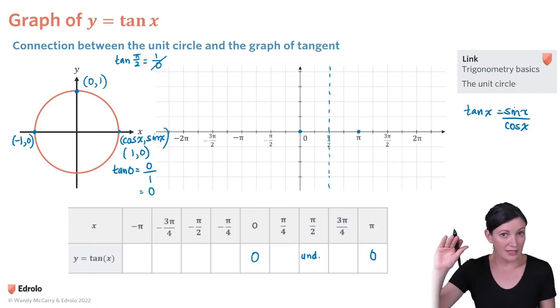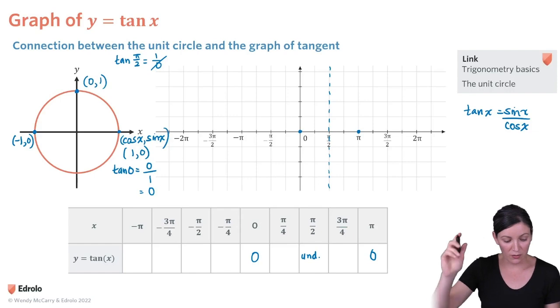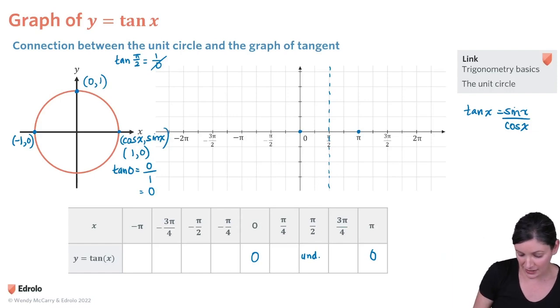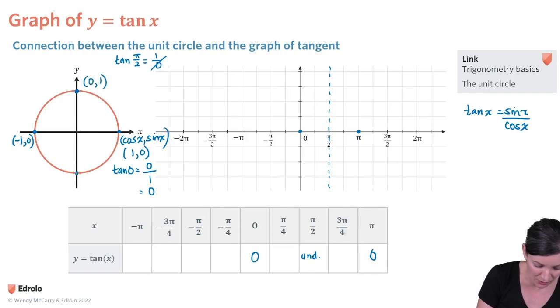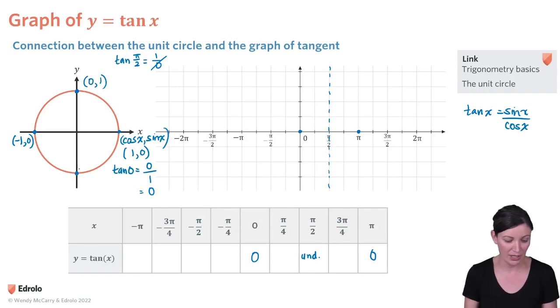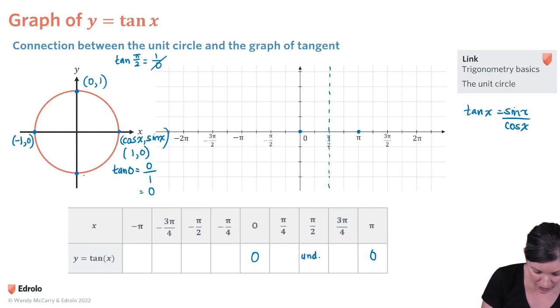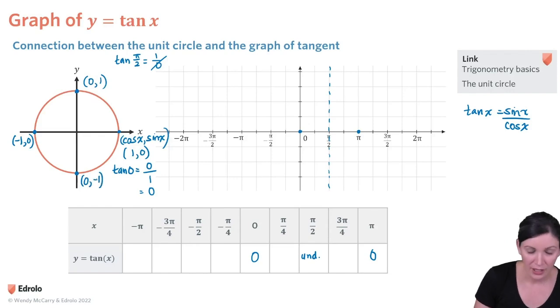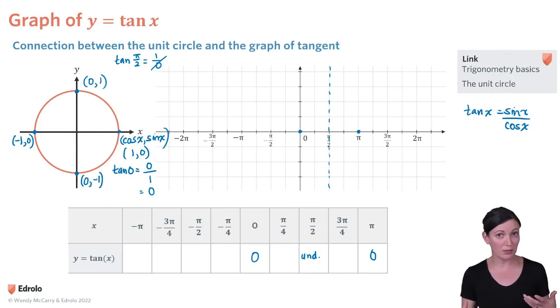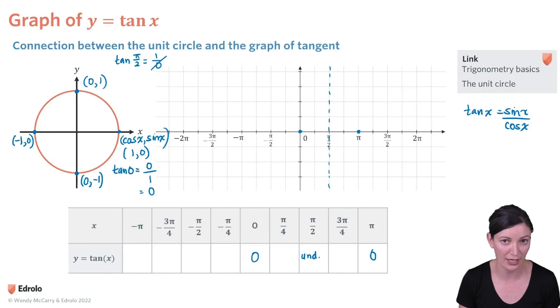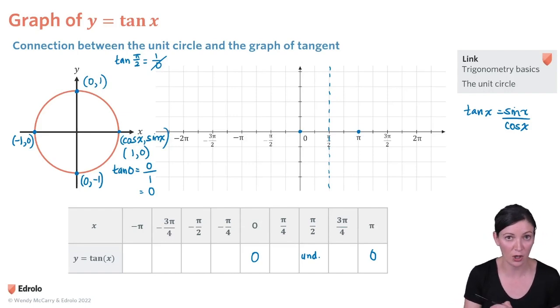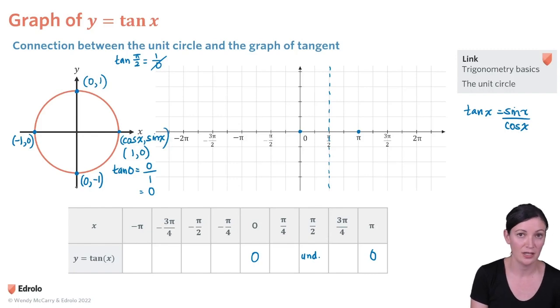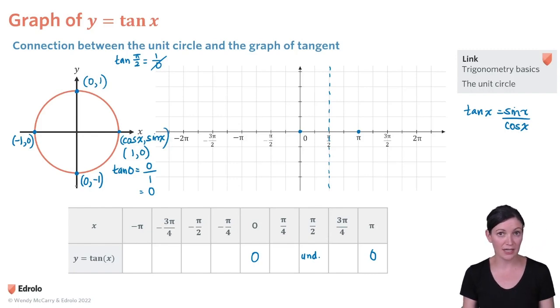Let's now have a look at our negative angles. So I'm going to look at the angle negative pi on 2. So that's down here, negative pi on 2. So that's the point 0, -1. And you'll see I run into the same problem that I had with pi on 2 radians. When I try to do sine over cos, I get -1 divided by 0, which again is undefined.